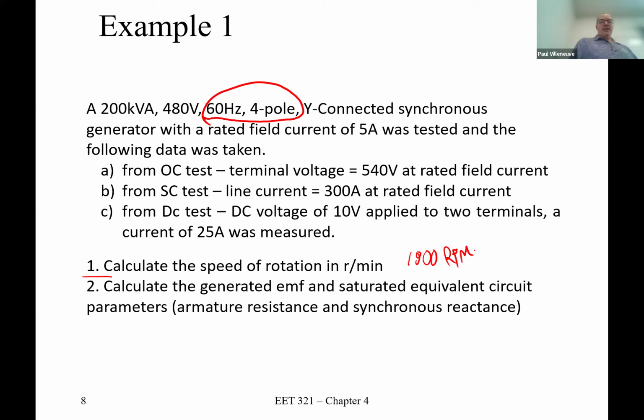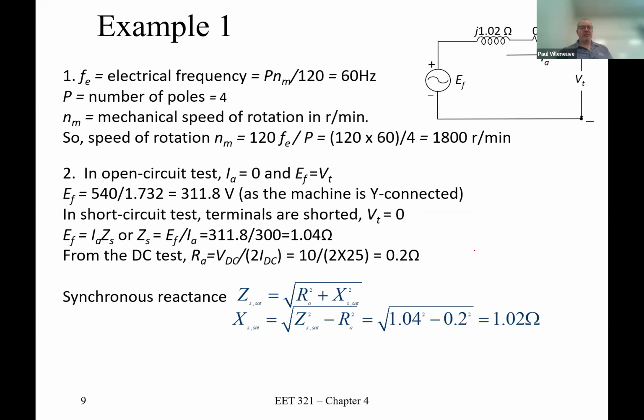Now we have to do the equivalent circuit parameters, and let's show the work that we've done here. So here's our electrical frequency, how we did the calculation there. We're going to go ahead and do our open circuit test. We've got 540. This is a Y-connected machine. I'm measuring 540 volts under the open circuit conditions.